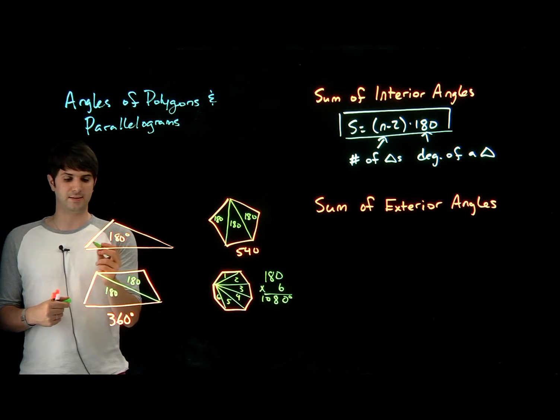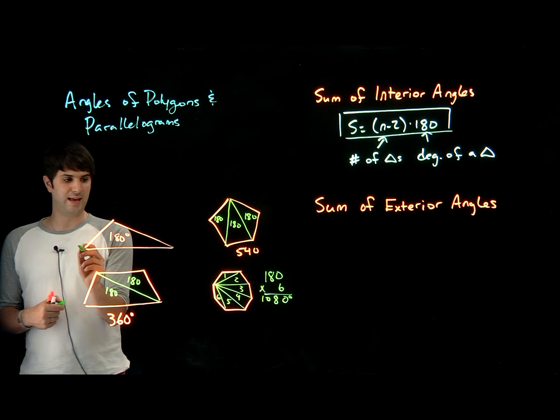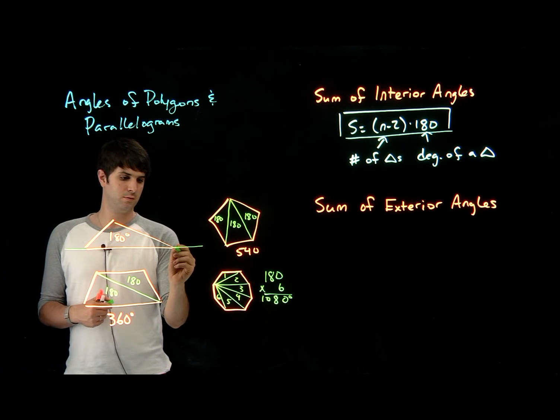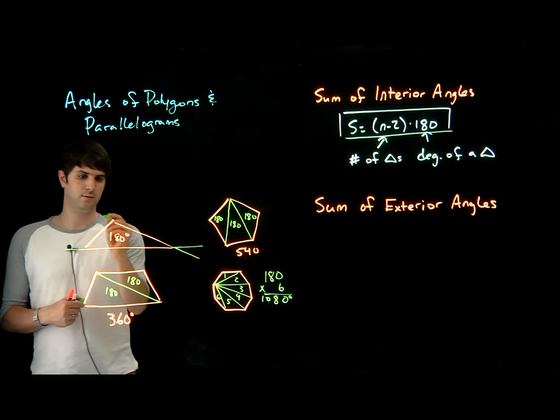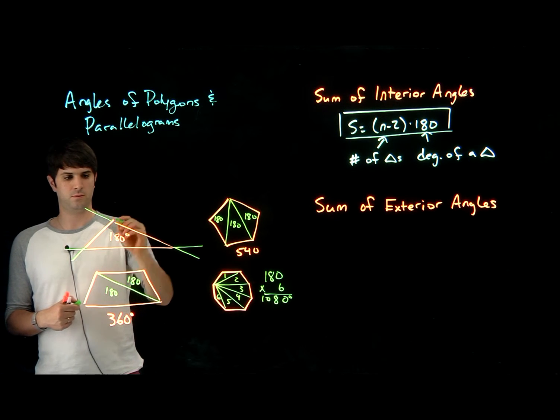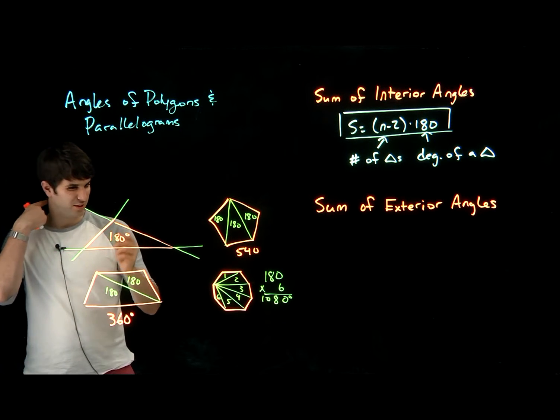Basically, let me explain. An exterior angle is formed if you extend these lines. Okay, we're just extending these lines. And this line is a little bit off.